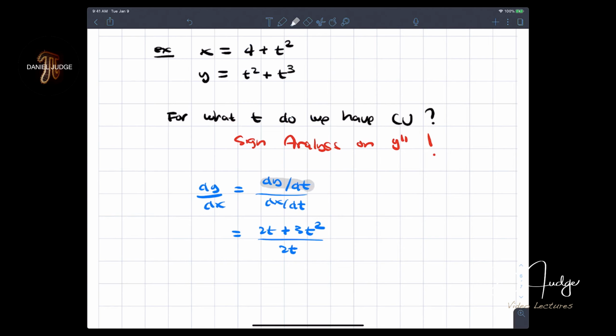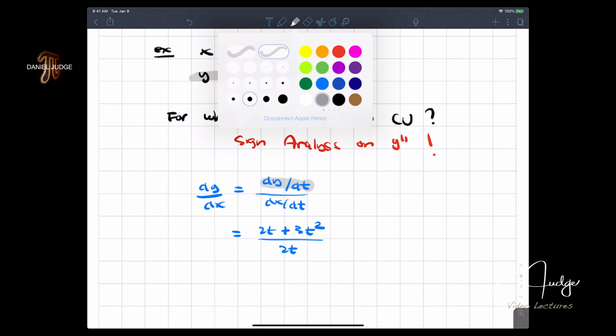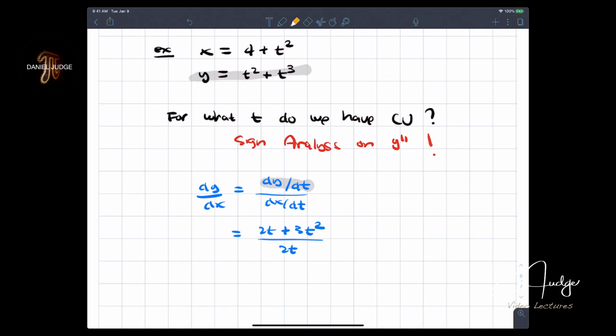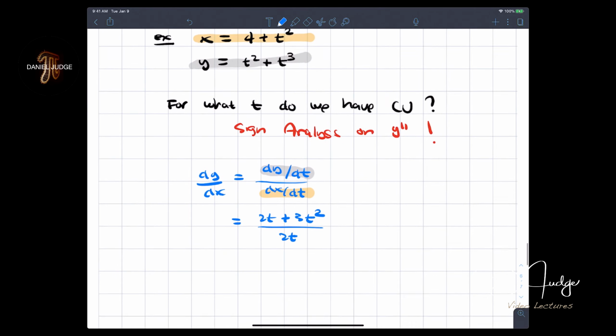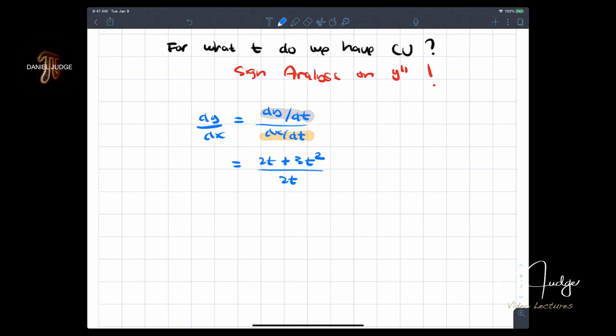We found the derivative with respect to t for each. So 2t plus 3t squared over 2t.